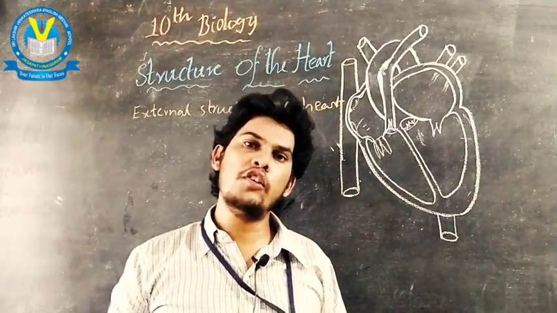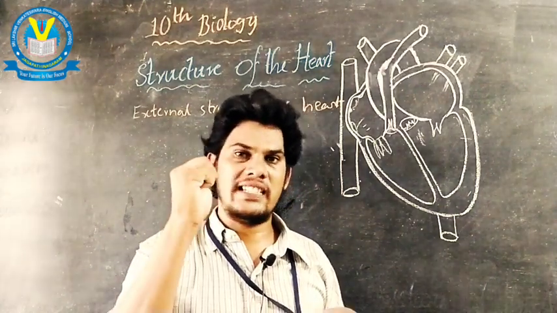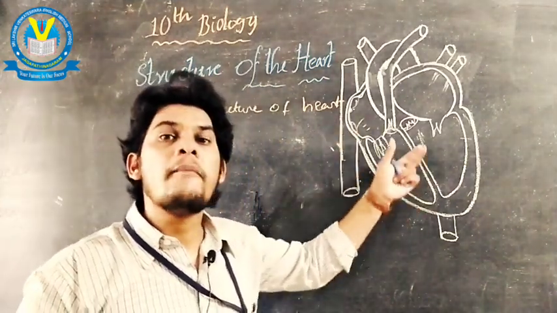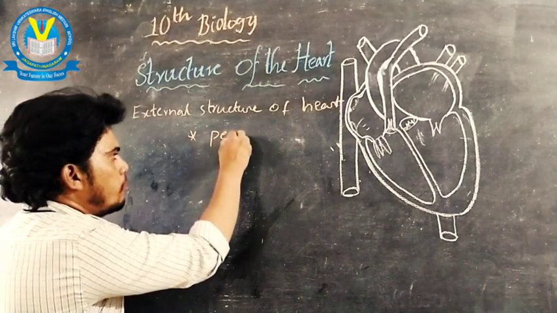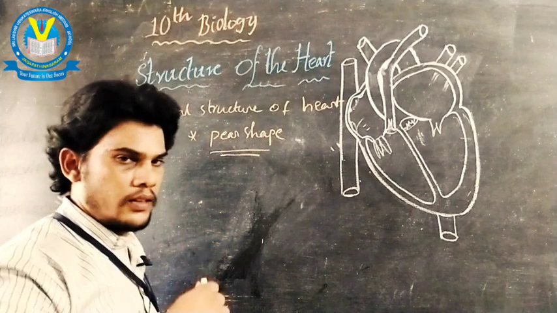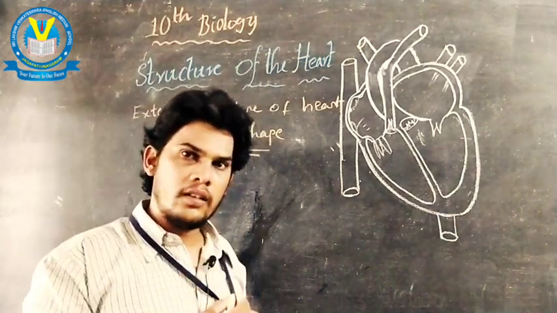Approximately, every human heart is equal in size to their fist. Actually, the heart shape is pear shape, like a pear fruit, you know, that type of shape.